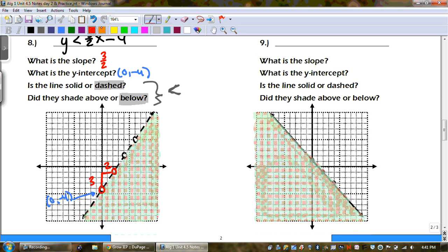Let's take a look at our next one. The first thing is, what is the slope? From here to here, we went down 2, right 2. And you always want to ask yourself, can you reduce that? Yeah, it's a -1. Our y-intercept is right there. That is the point 0, 1.